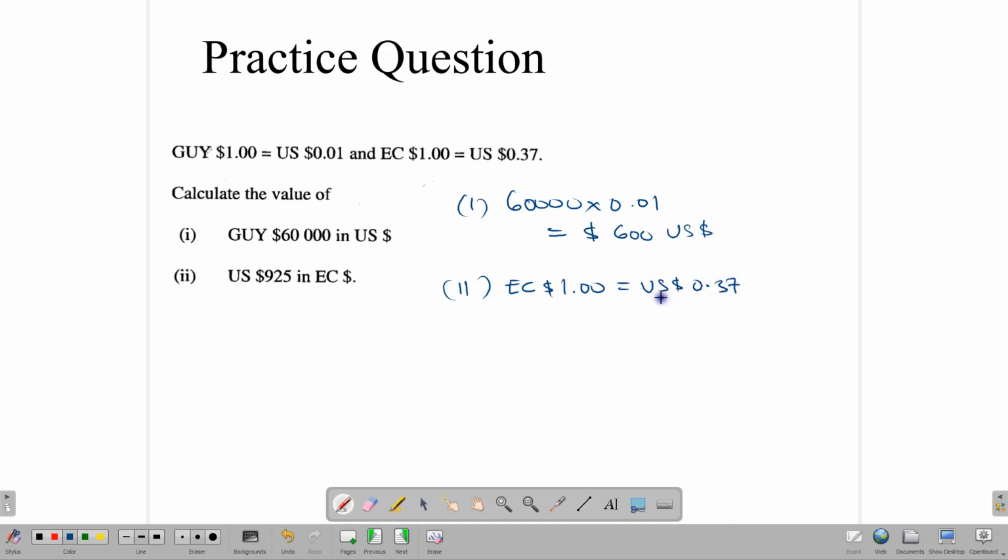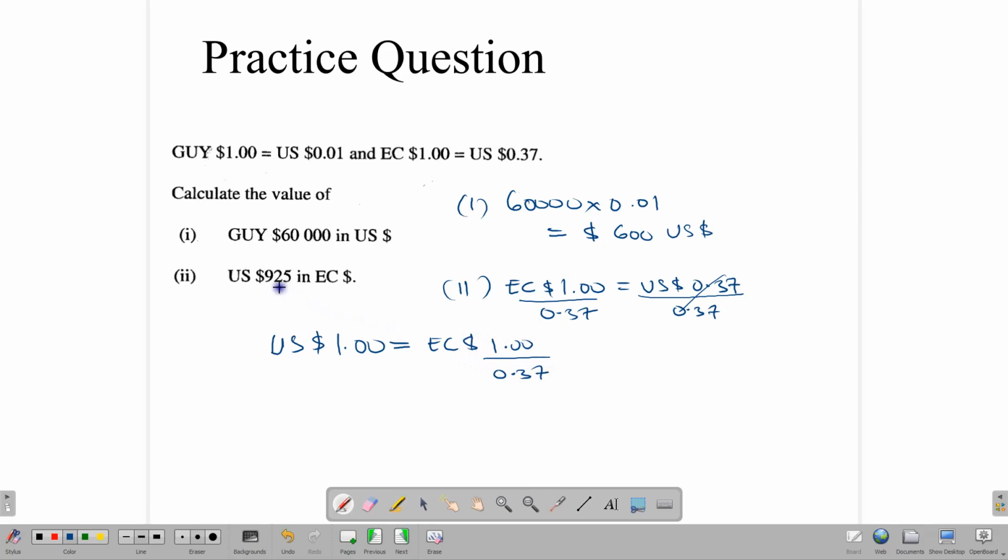So the question is, how much does 1 US dollar value? To do that, we can simply divide by 0.37 here, because it is an equation. So we can say now that 1 US dollar is equal to EC dollar 1 divided by 0.37.